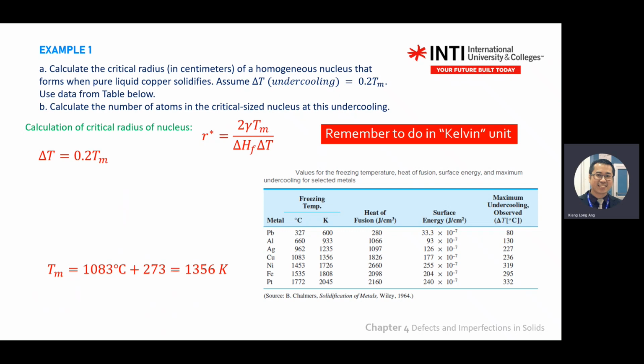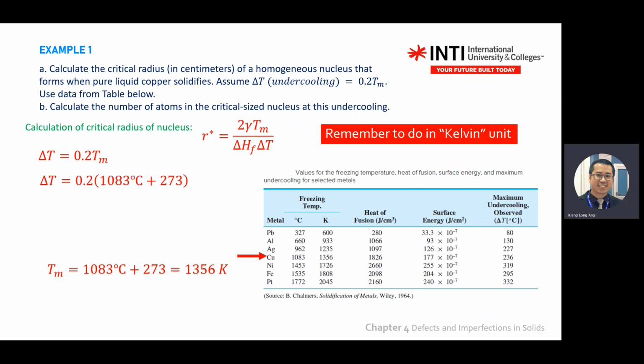Delta T, the undercooling temperature, is given in the question. It says that delta T is 2% of the melting temperature. So you are looking at copper, so from this table, the copper here.